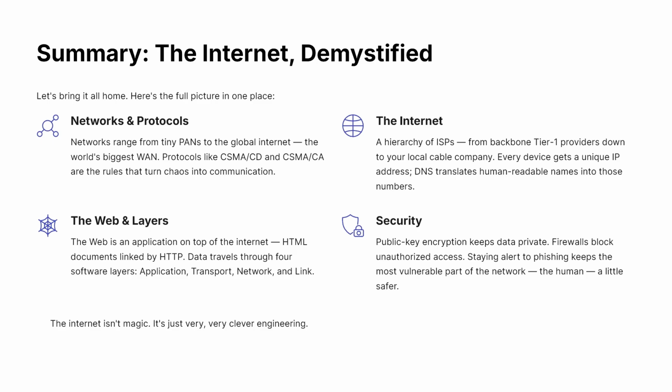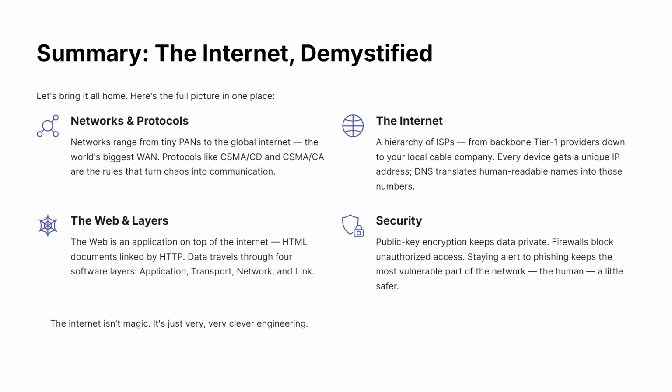Let's bring it home. A network is computers connected together to share information. Networks range from tiny PANs to the global internet, the biggest WAN of all. Protocols are the rules that make communication possible. CSMA/CD for Ethernet, CSMA/CA for Wi-Fi.